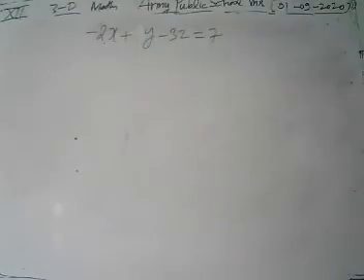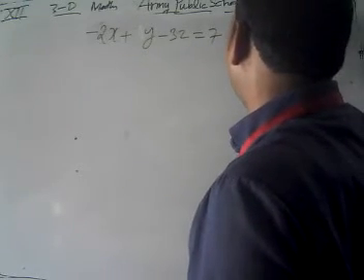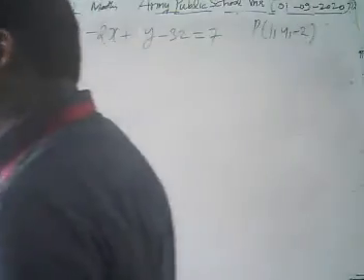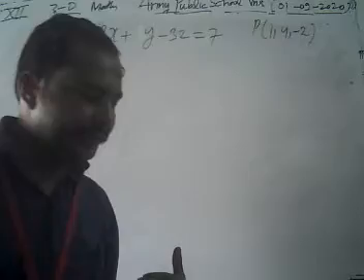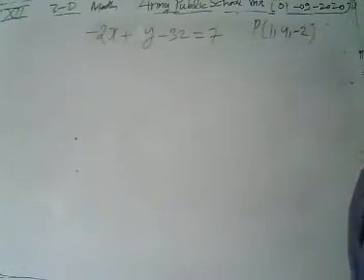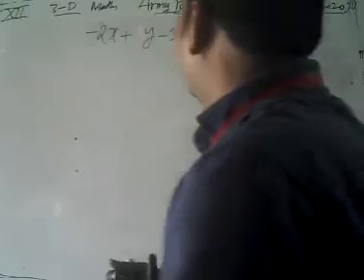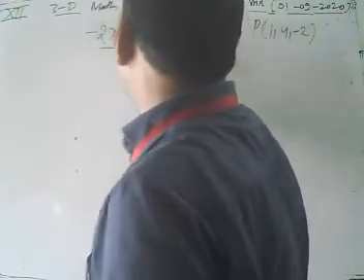Find the equation of the plane which passes through the point (1, 4, -2). Look, we have to find the equation of the plane passing through the point P(1, 4, -2) that is parallel to this plane.